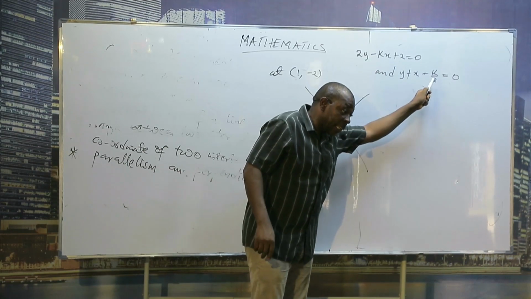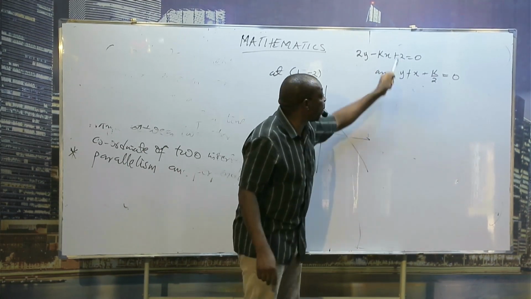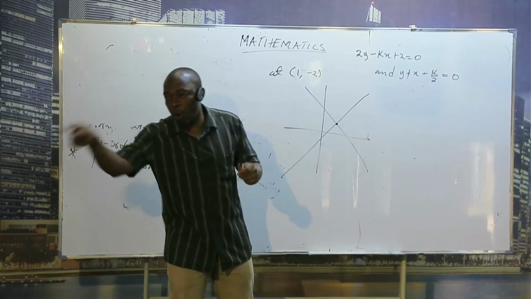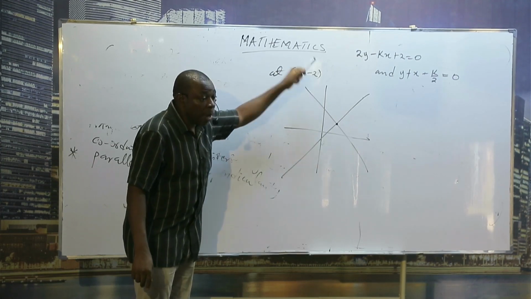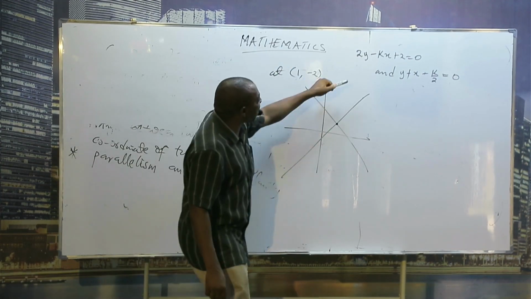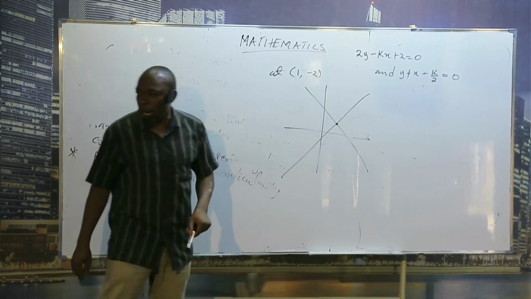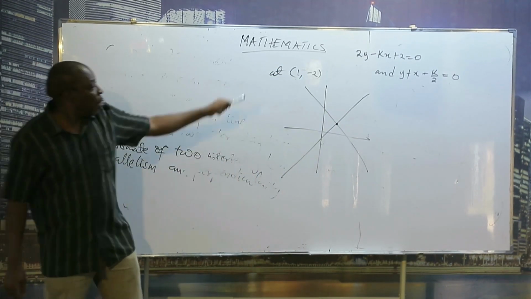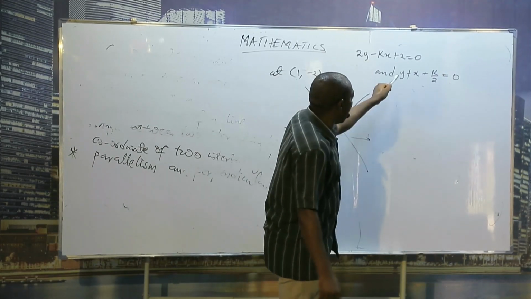According to them, these two lines intersected at the point 1, minus 2. Because the two lines intersected here, that common point of intersection will satisfy this equation, and will also satisfy this equation.